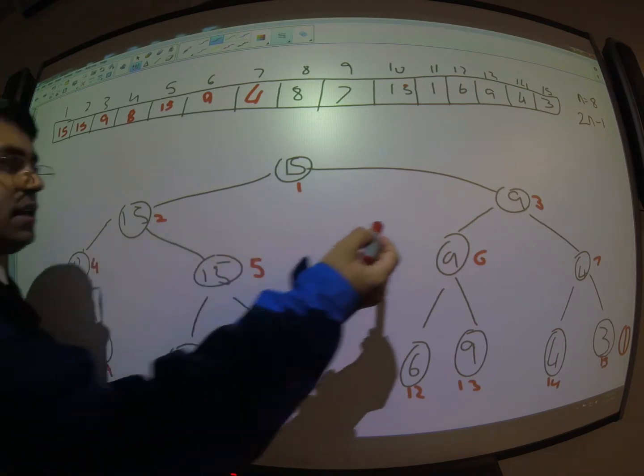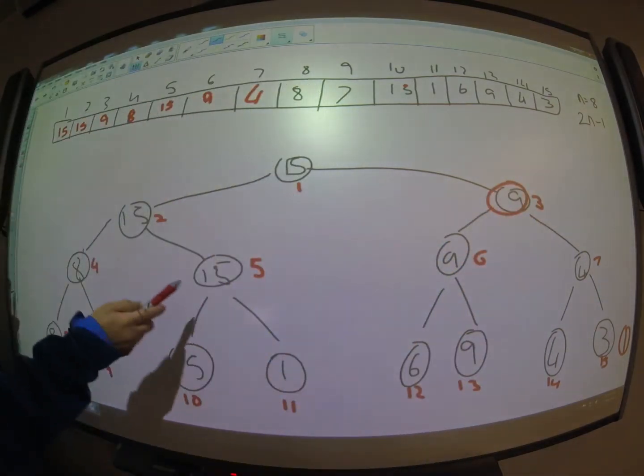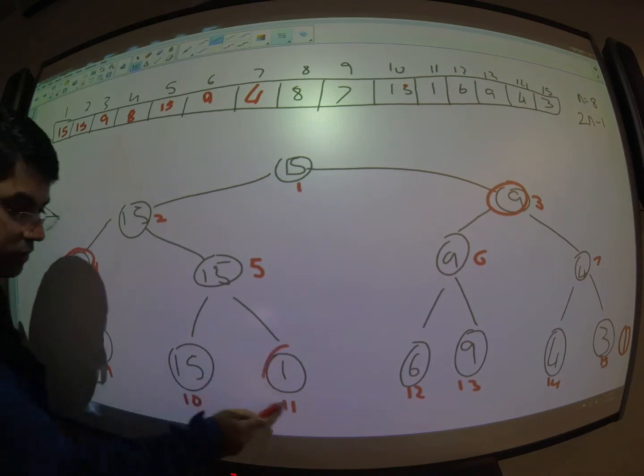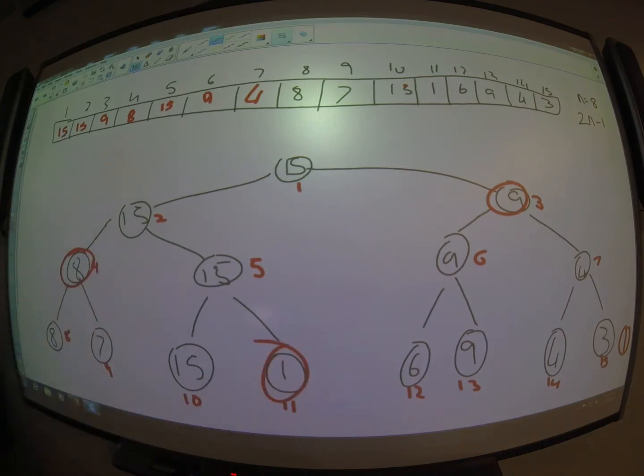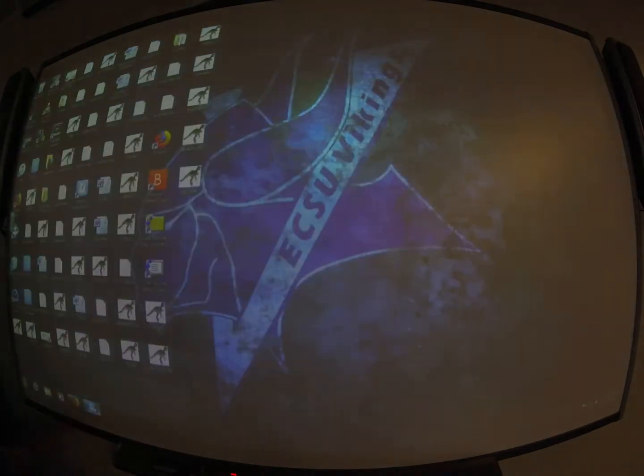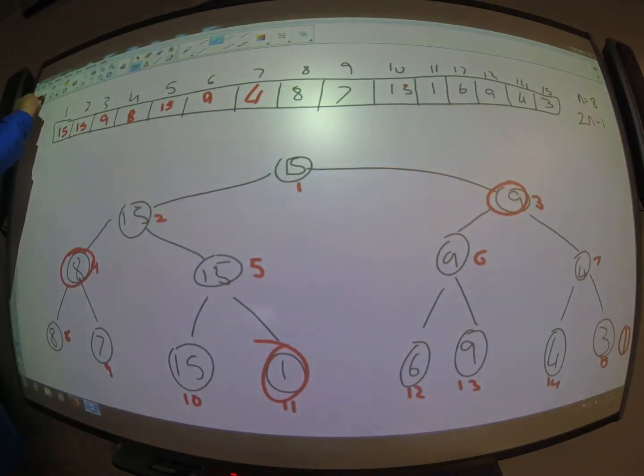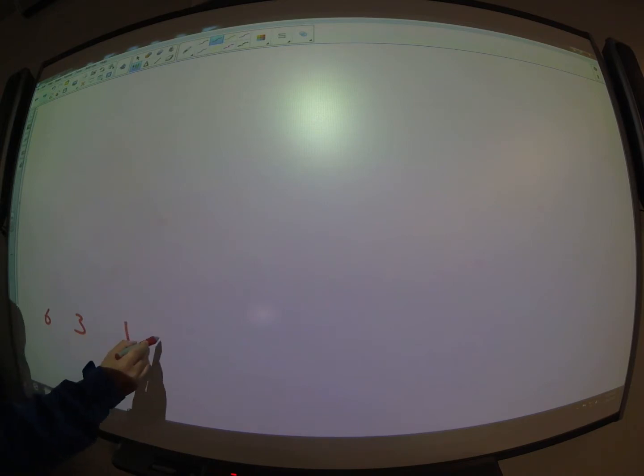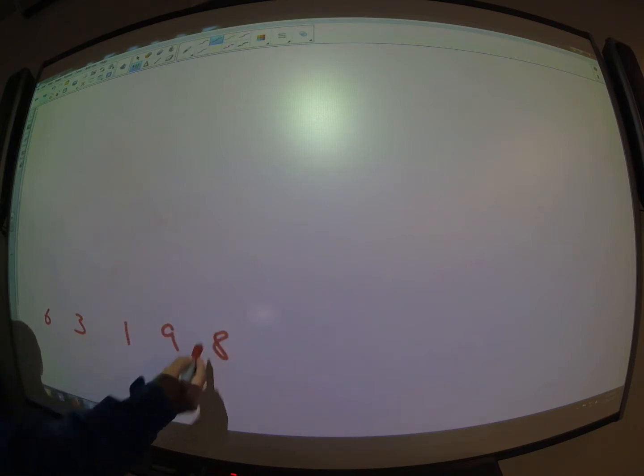Oh, by the way, let me just highlight contenders. Alrighty. Let me say I have numbers 6, 3, 1, 9, 8.